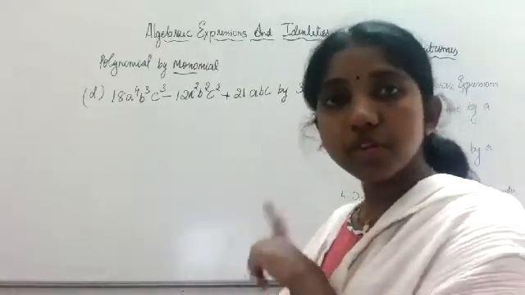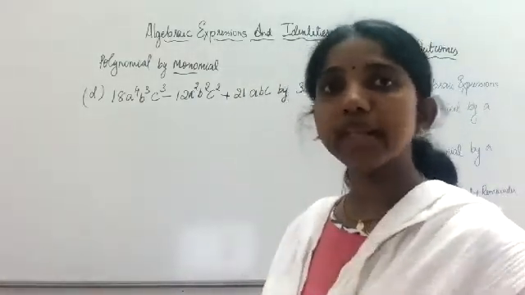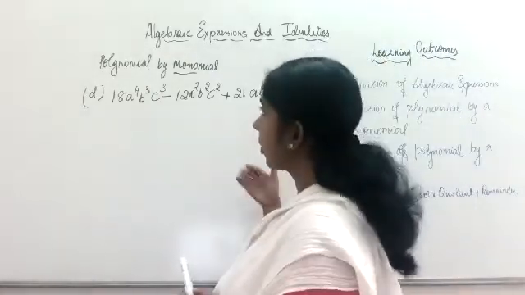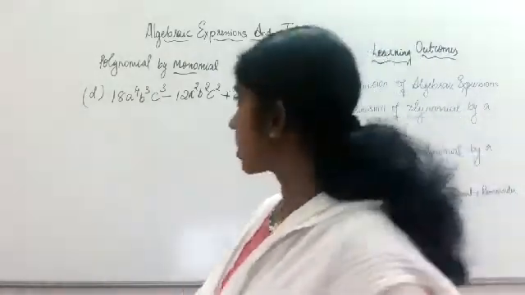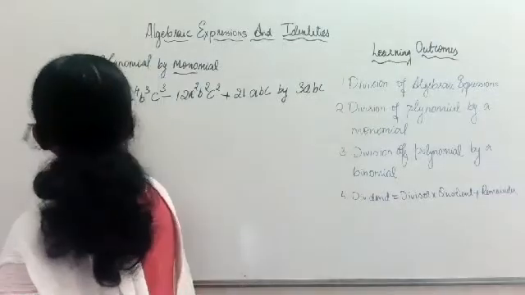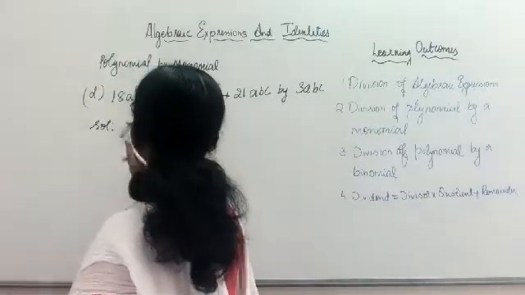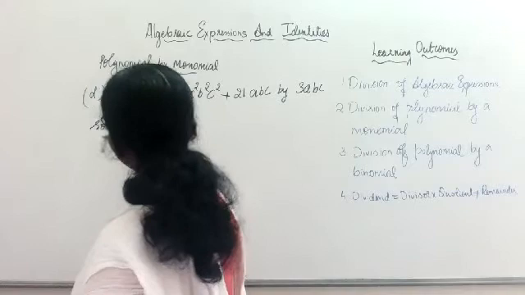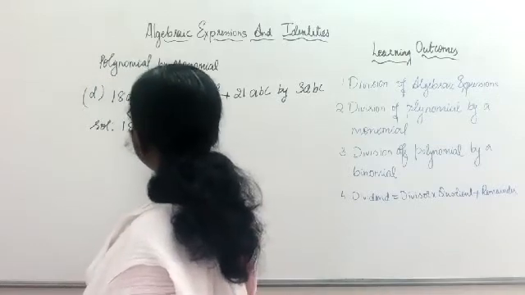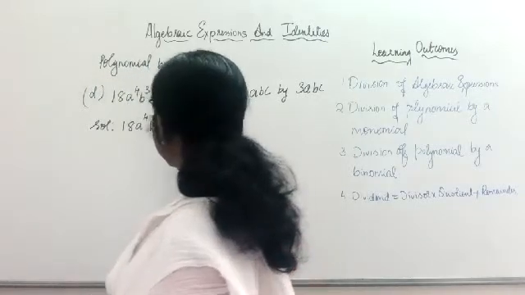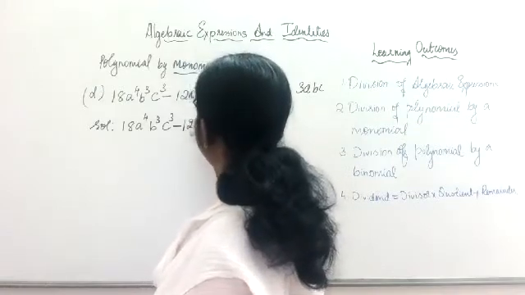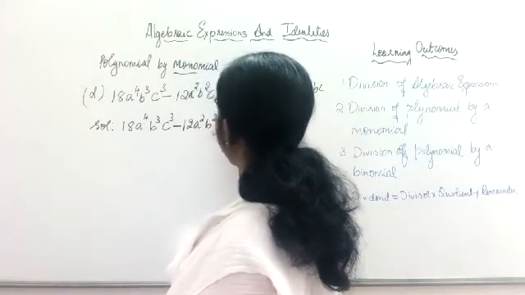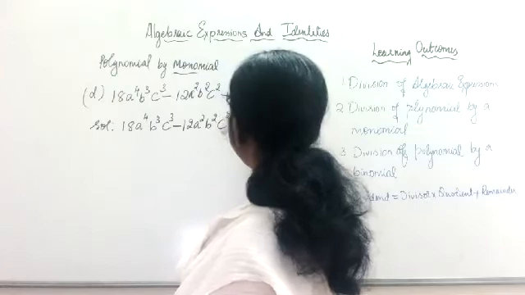Each term of the numerator is divided by the denominator. That's what polynomial by a monomial division is all about. Solution: 18 A to the power 4, B to the power 3, C to the power 3 minus 12 A square B square C square plus 21ABC.